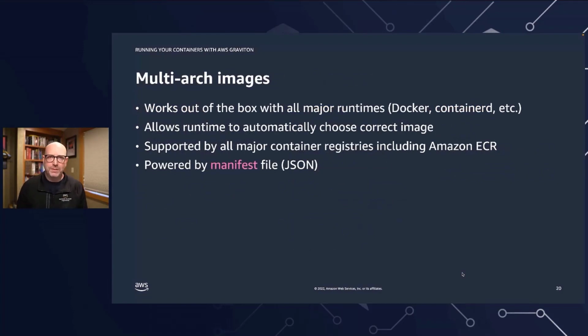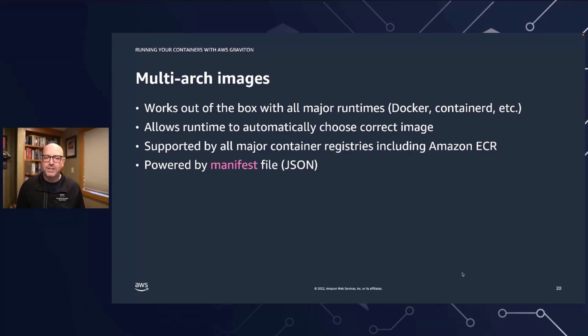For maximum flexibility, AWS recommends building multi-arch or multi-architecture images. A multi-architecture image is an image that has support for multiple architectures. In this case, x86 and ARM64. And it works out of the box. All multi-arch images work out of the box with all major container runtimes.